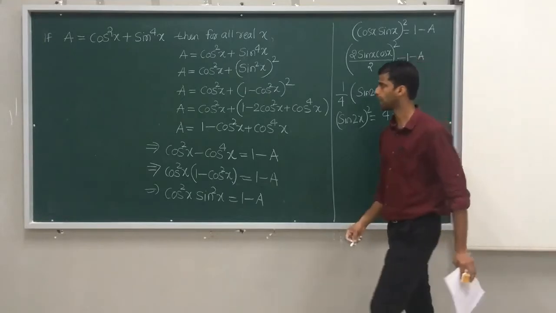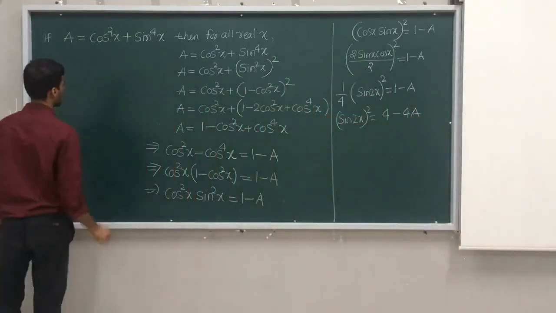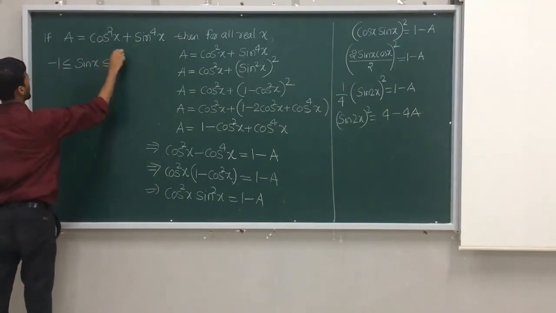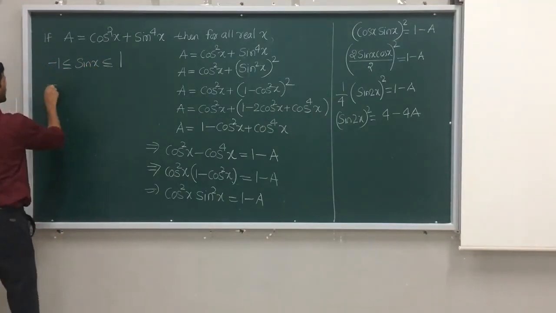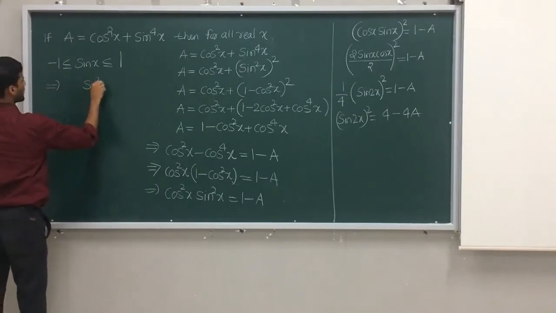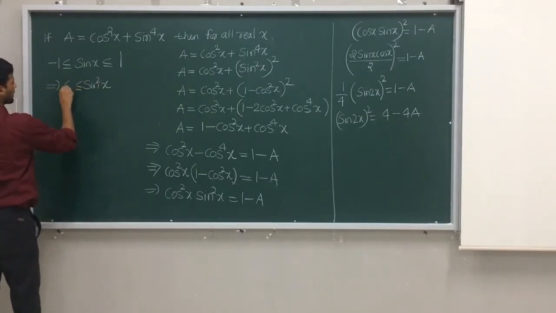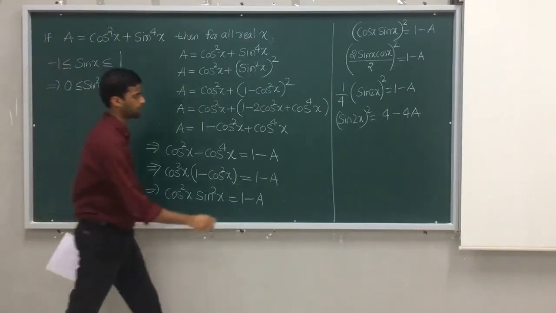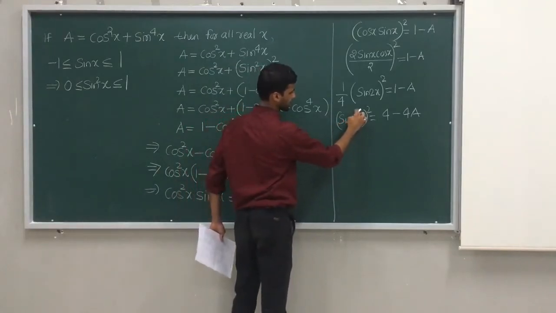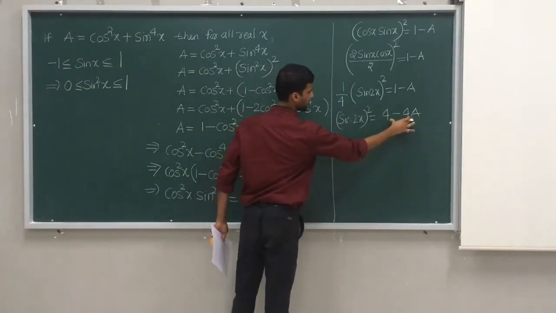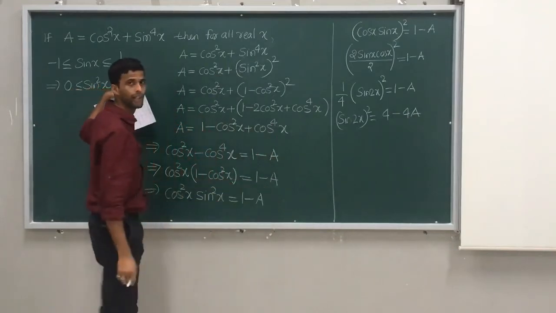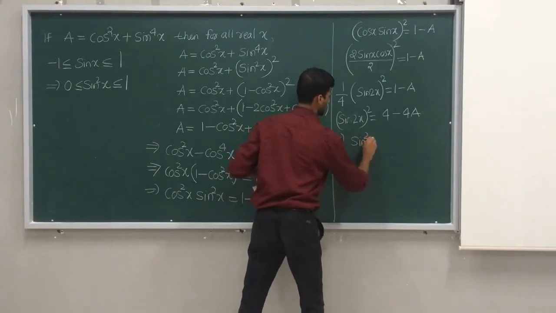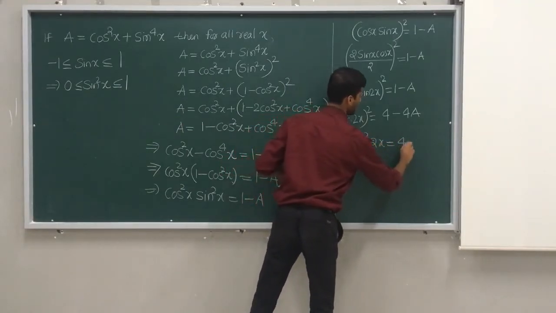Now we all know, as I taught in my theory class, sin x range is between -1 and 1. But when I square it, sin square x becomes more than or equal to 0, less than or equal to 1. That thing always keep in mind. Therefore, it is sin square 2x. Obviously, this bound is more than or equal to 0, less than or equal to 1. Or if you want, you can take it as sin square 2x is equal to 4 minus 4a.